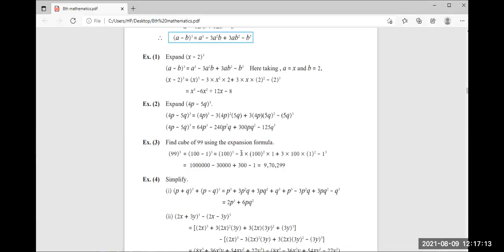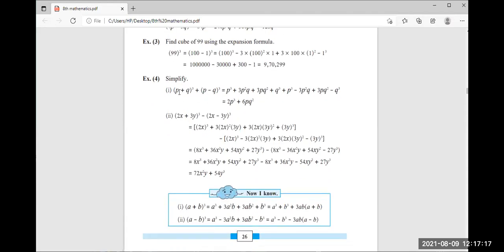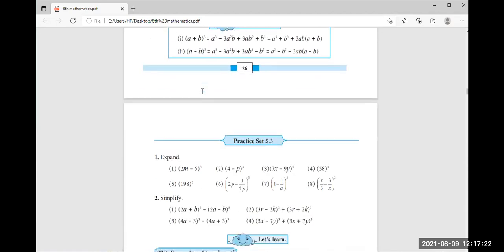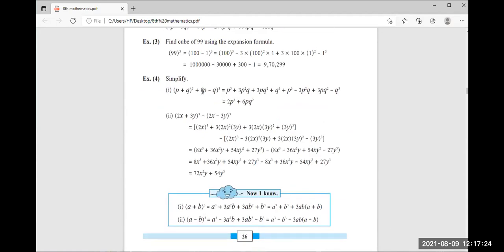See that this problem was there, I have taken here. Now sometimes simplify examples come like this, for 5.3. Simplify is also the same, very easy. But for simplifying, we have to use two formulas: (p plus q) cube and (p minus q) cube.